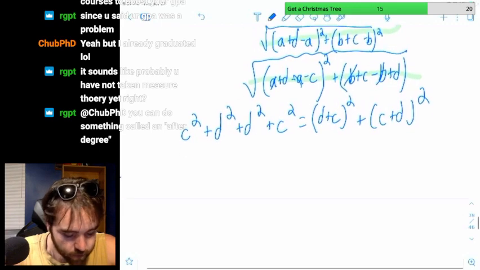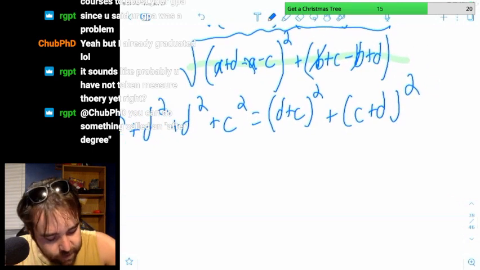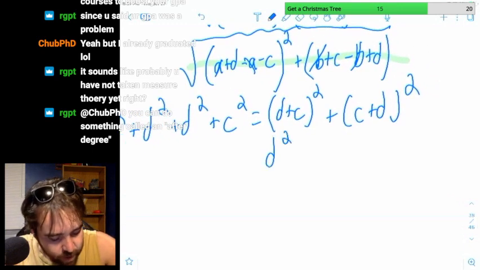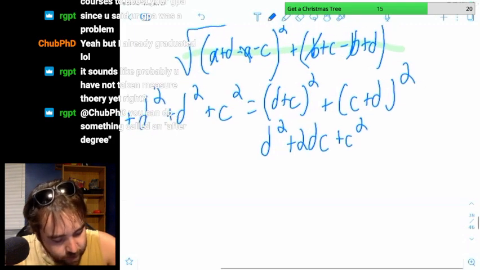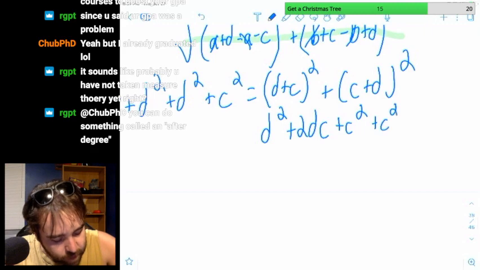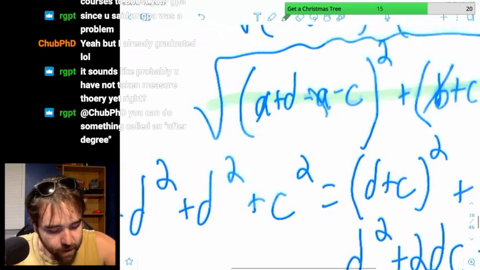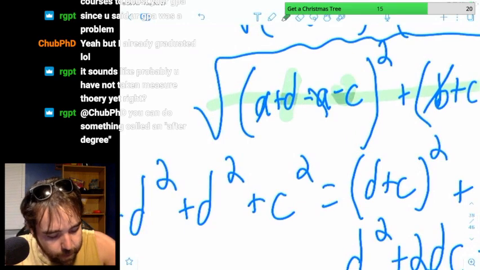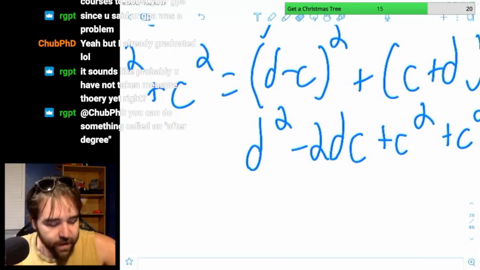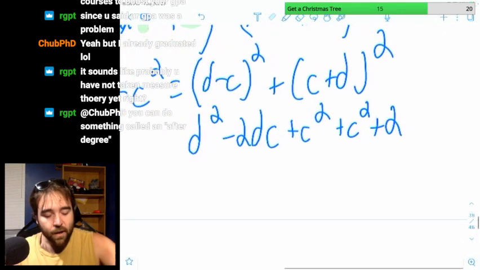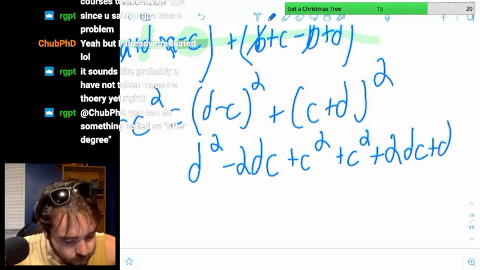Okay. And you know what? These combine over here, but I almost don't even want to do that, because what is going to end up happening here? We're going to have D squared plus 2DC plus C squared, and then plus C squared plus, or wait, we messed up, because this is supposed to be D minus C. That's critical, because what happens then is that that's negative 2DC, and then when we do this over here, this is positive 2DC.